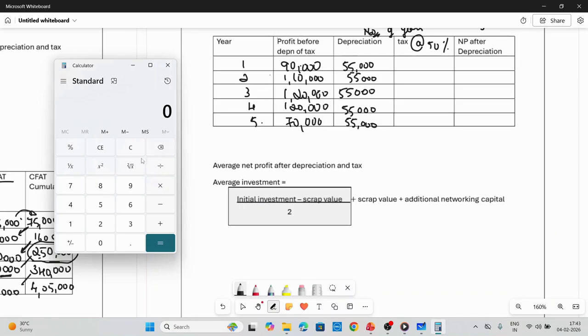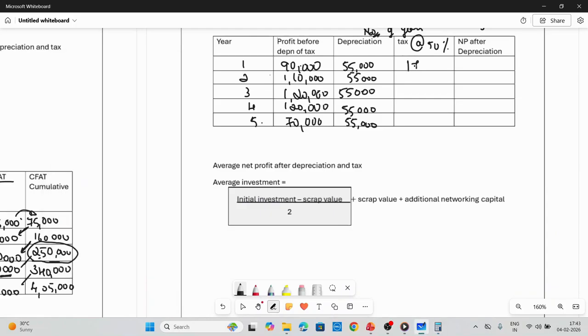So 90,000 minus 55,000 is 35,000. So 35,000 at 50% is 17,500. And remaining amount is 17,500.